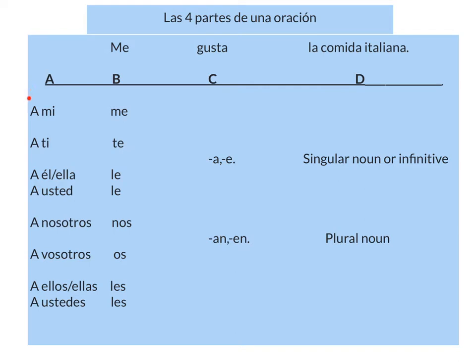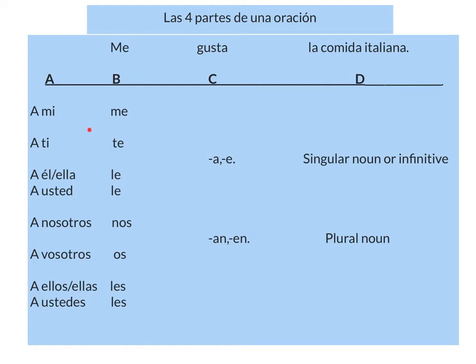Part A always starts with the letter A. In part A, we are identifying who likes something or who loves something or who's interested or fascinated or bored by something. So part A is an important part of a sentence because it helps us identify who we are talking about.